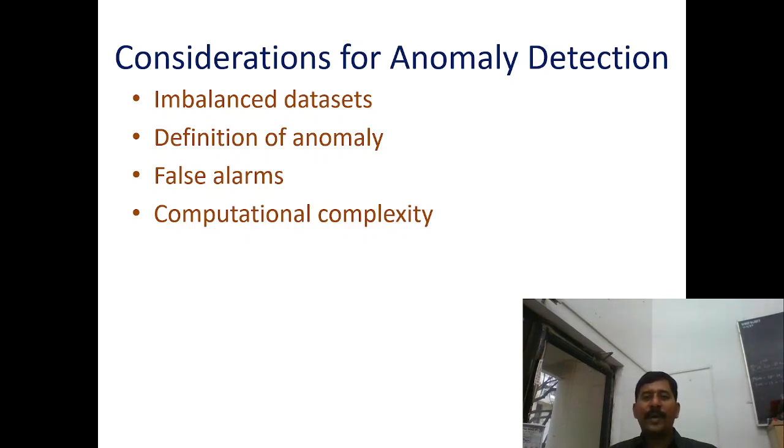False alarms require human review of the cases, which increases the cost. Fourth consideration, computational complexity. Here, anomaly detection can require low latency. This may impose a trade-off between performance and accuracy. So these are the basic considerations for anomaly detection.